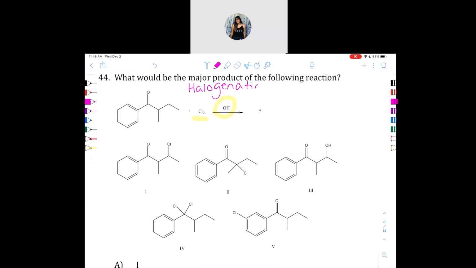Perfect. So we're doing halogenation in base. We know that we're going to fully substitute the most favorable alpha position. Between alpha 1 and alpha 2, which one are we going to choose? Which one's the most favorable?